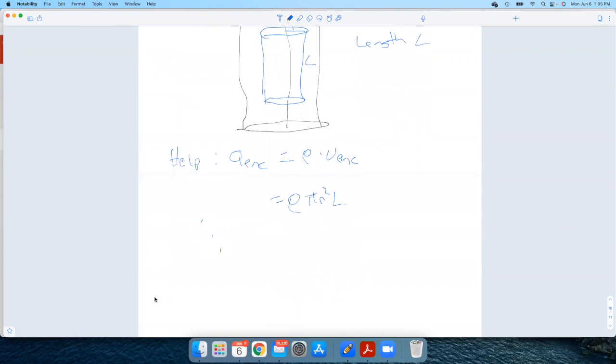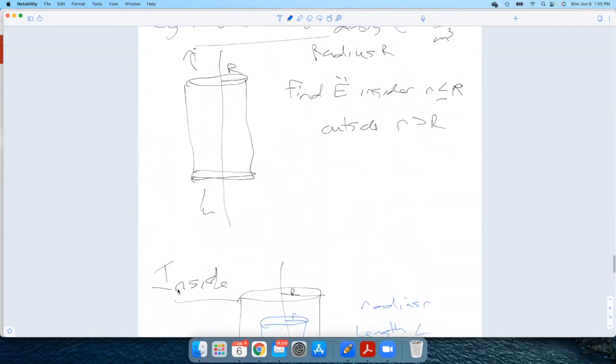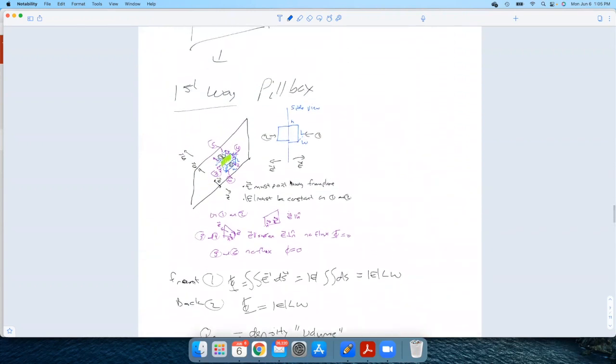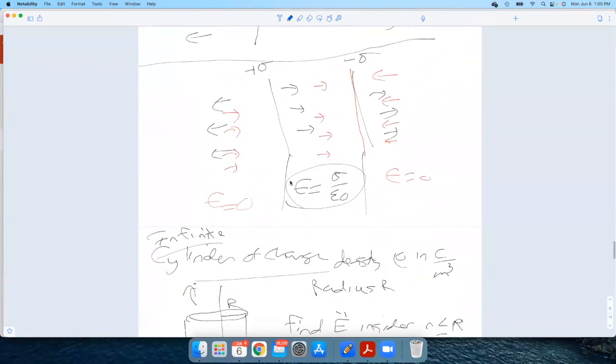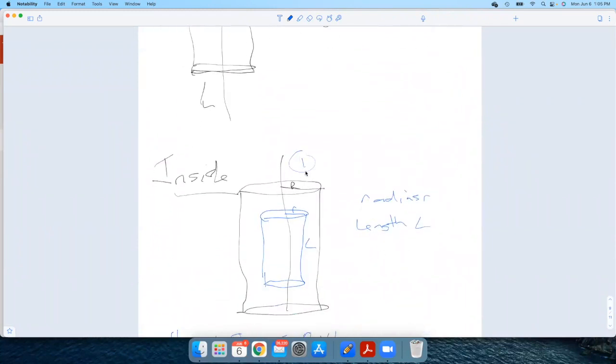Dot, dot, dot. And then I'm going to help you on the outside portion. You need to go through all the steps, by the way. I want to see all the stuff I've done on all these other problems. Like write this stuff out. Where does E point? Where is E constant? Where do the normal vectors point? Find the flux through every single side. So you should say here, let's label these: the top, the bottom, and the side.